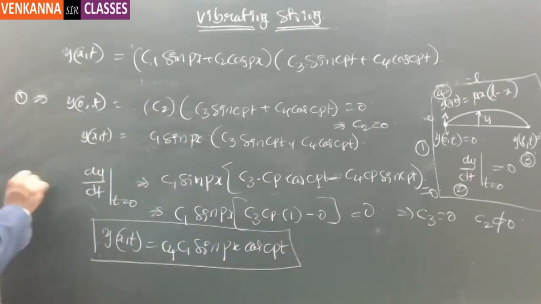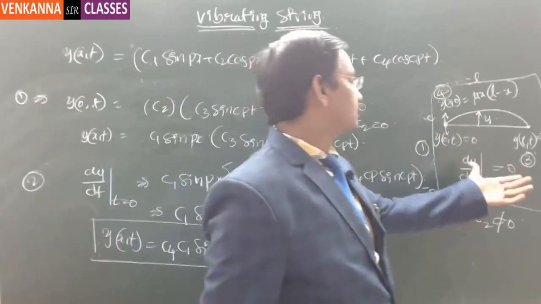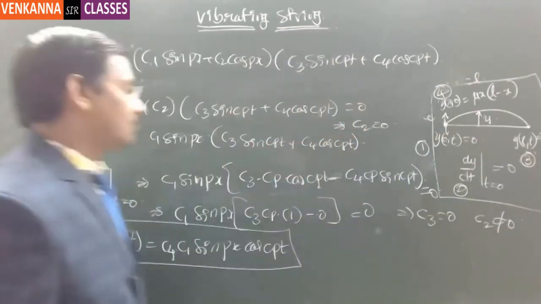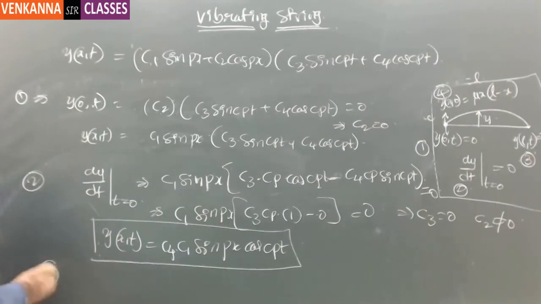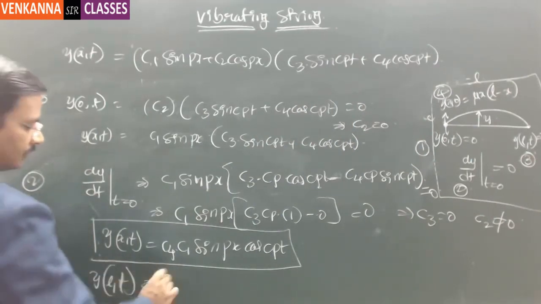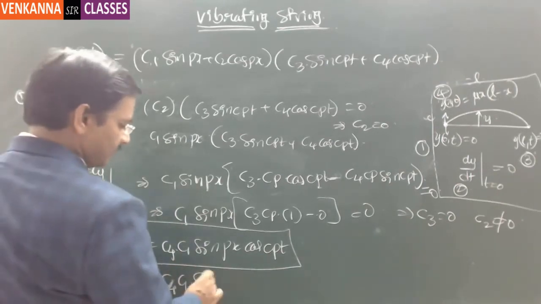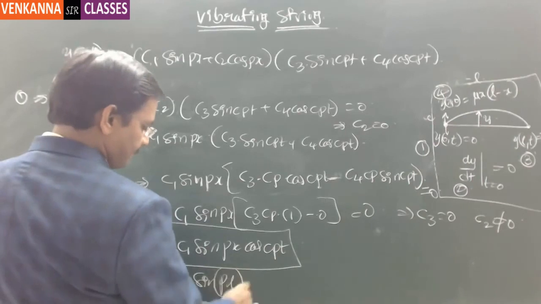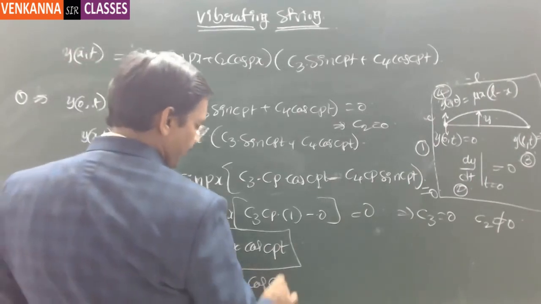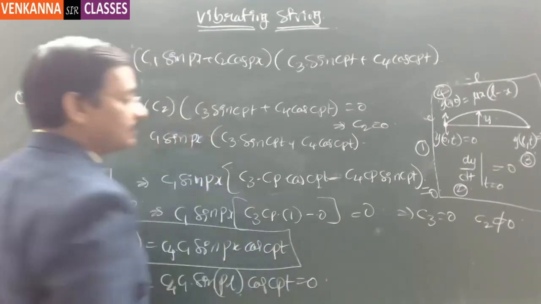So two boundary conditions are over. Now the third boundary condition is this equation, that is y of L comma t is equal to 0. Then if I put that one, third equation, y of L comma t is equal to C4 C1 sin PL cos Cpt equal to 0.